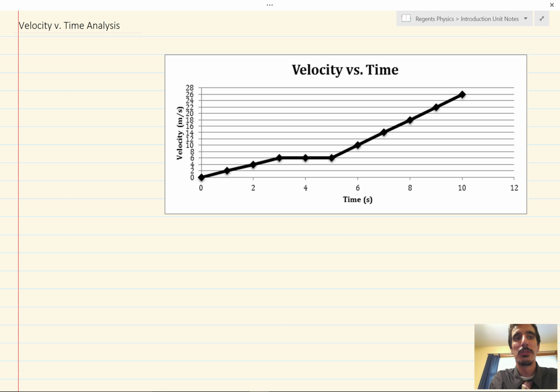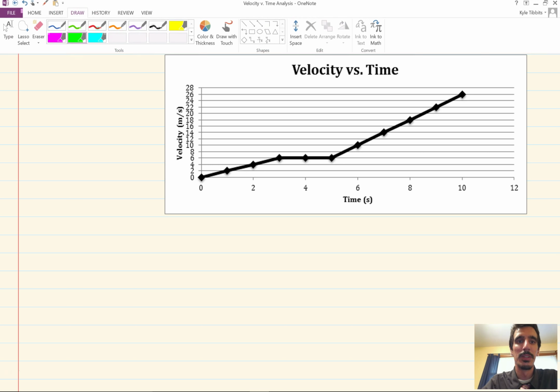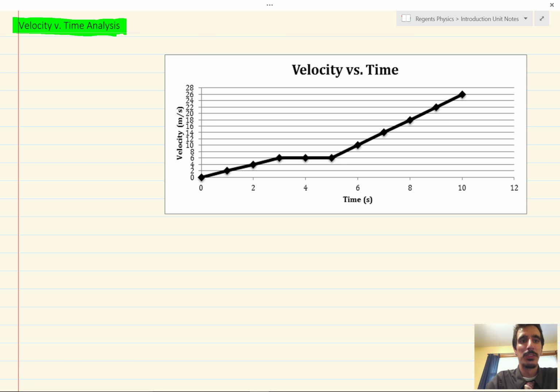For this video, we're going to go through a velocity versus time analysis. We're going to analyze this graph right here and see what we could find. What we need to know for this one is that the slope is equal to the acceleration.